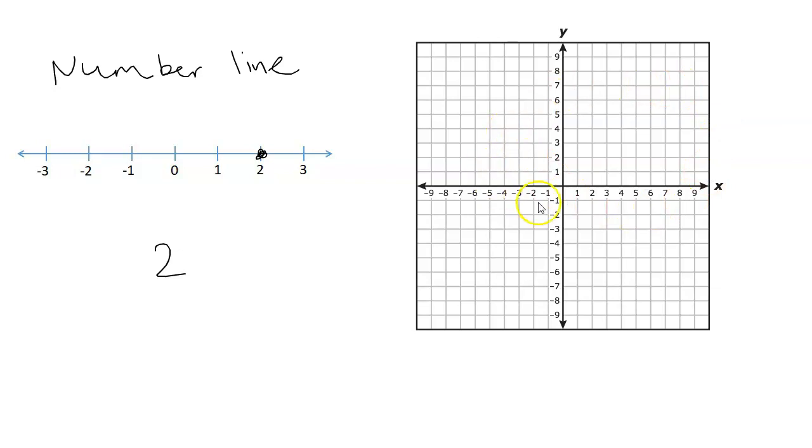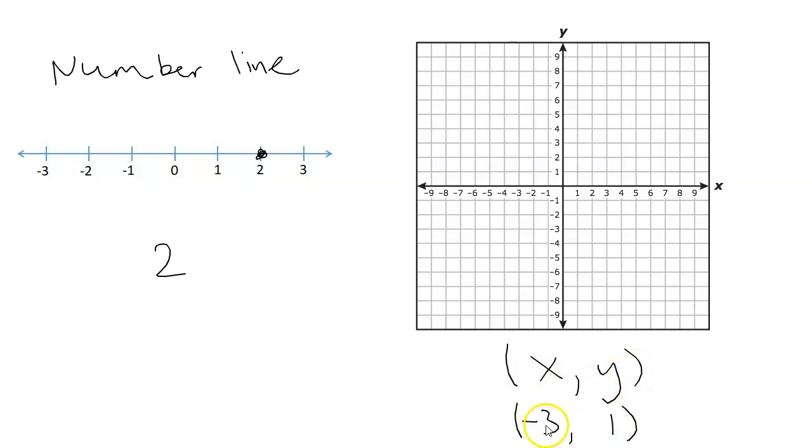Then we learned that we can make a two-dimensional plane with two number lines. We have the x-axis, which is a number line, and the y-axis, which is a number line. So the x-axis is where you go left or right, and the y-axis is where you go up or down. And this time we need a coordinate with two parts. We need an x part and a y part.